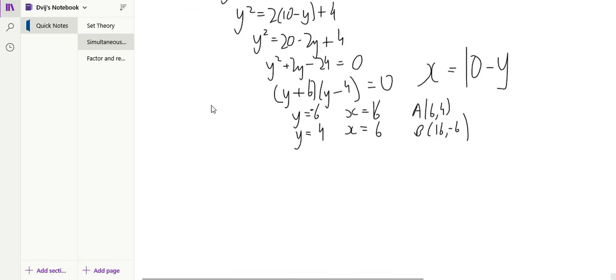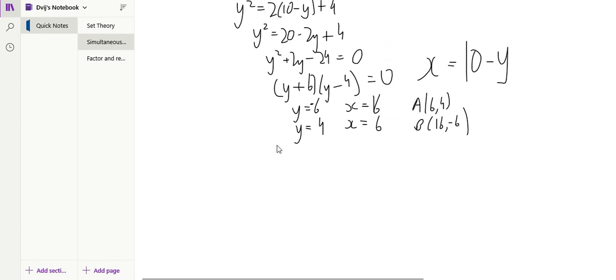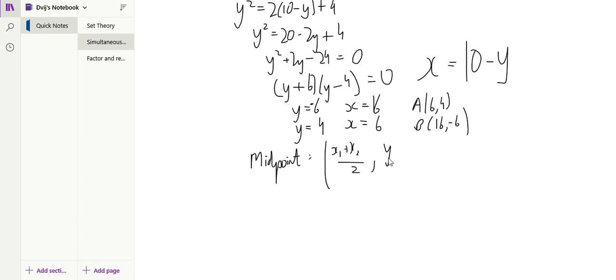And what's the formula for a midpoint? So you could just work this out intuitively, which would be slightly easier if you prefer to do it that way, but anyways, the midpoint formula is going to be (x1 plus x2) over 2 and (y1 plus y2) over 2.